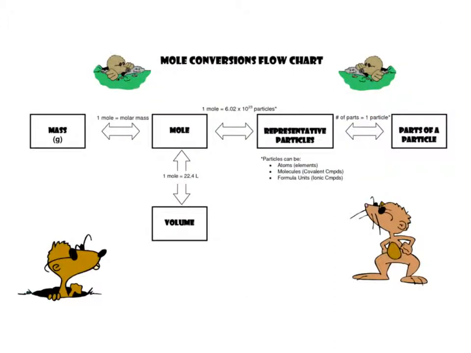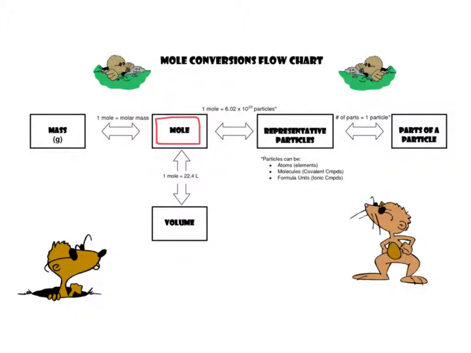All right, this chart I found is kind of cute because it has moles on it. It gives us a roadmap so that we could get from any one unit to any other unit. And notice that moles are at the center of this. So here's our moles in the middle.